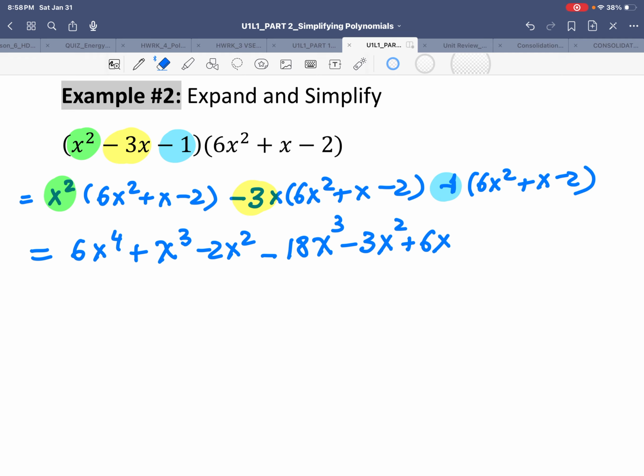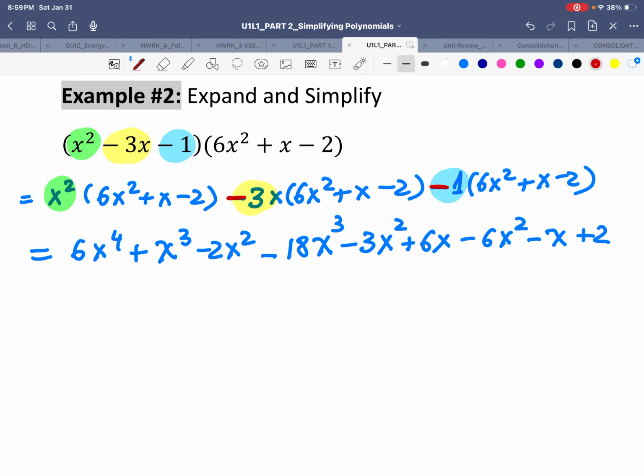And then we have minus 6x squared, and then minus x, and then plus 2. Now, always be careful of the minus signs, and don't forget to switch the signs of every term.